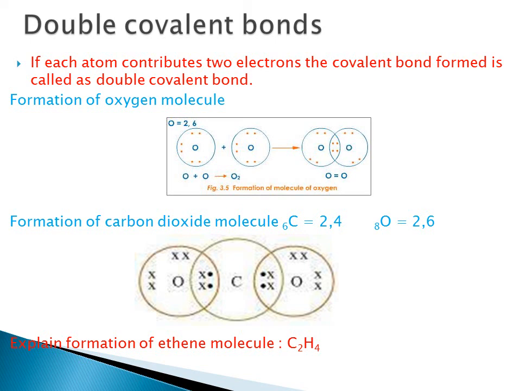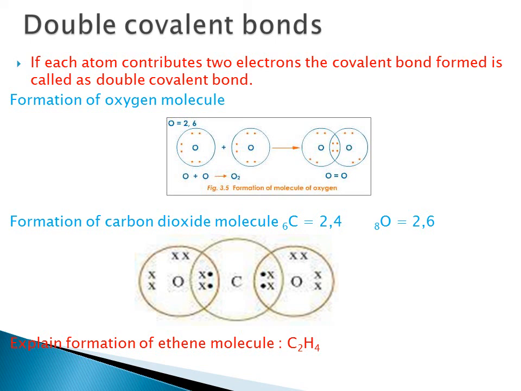When they come close to each other, overlapping of valence shells takes place and they share 2 electrons with each other. It means each oxygen atom shares 2 electrons with the carbon atom. And as a result, between oxygen and carbon, you will see the presence of a double covalent bond. Why double covalent bond?